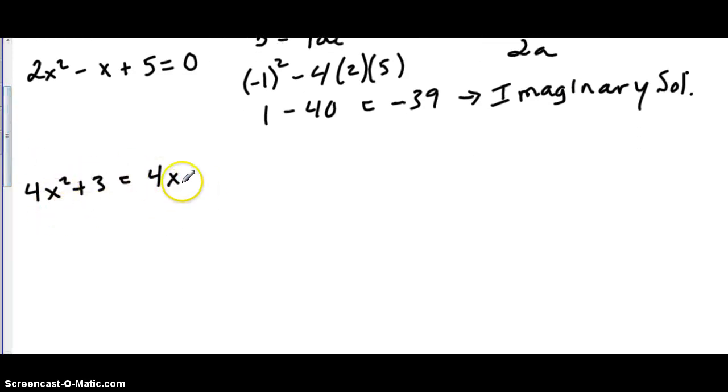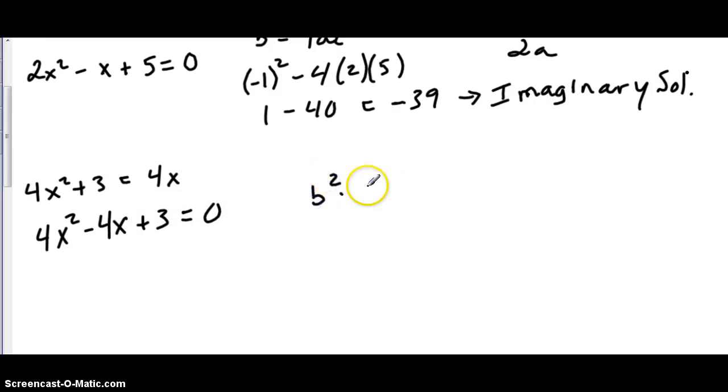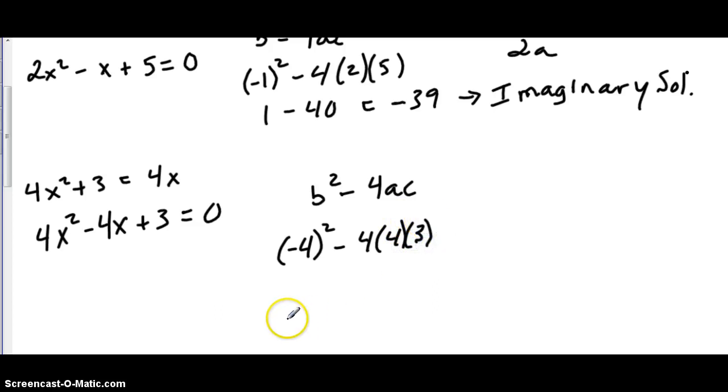Here, we've got a quadratic equation that is not set up in standard form, but we can quickly change that by subtracting 4x from both sides. Set it equal to 0. Then use our discriminant, and just plug in the values. -4 squared minus 4 times a times c, and simplify.